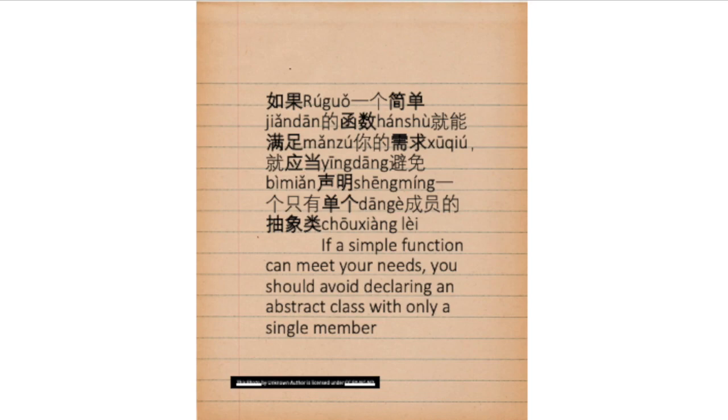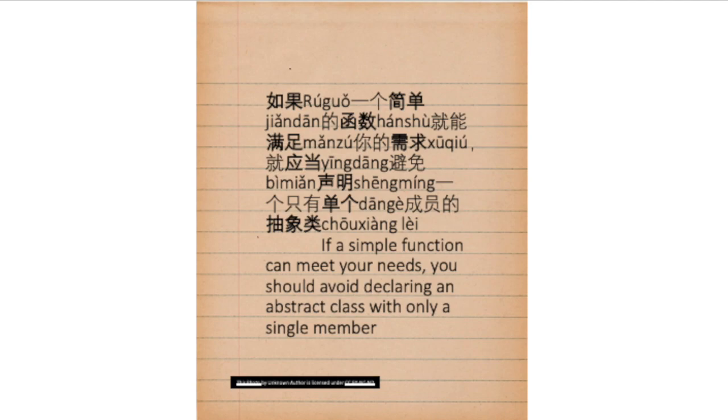If you don't remember something, it's okay, just read Pinyin and let's translate it. So the translation would be, if a simple function can meet your needs, you should avoid declaring an abstract class with only a single member. So simple is 简单的, function 函数, can meet your needs.